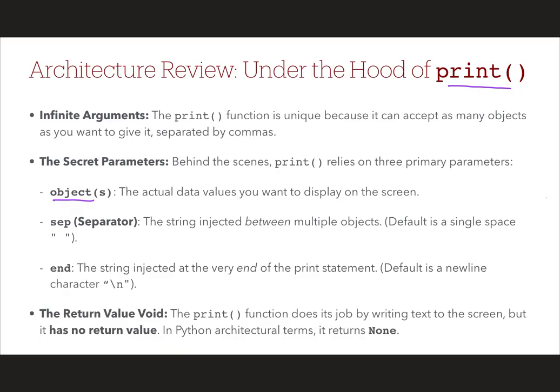You can provide several objects. And then additionally, you can provide a certain value for the sep, separator parameter. If you do not provide any value for that parameter, then between any two adjacent objects, print will add one single space as a separator.